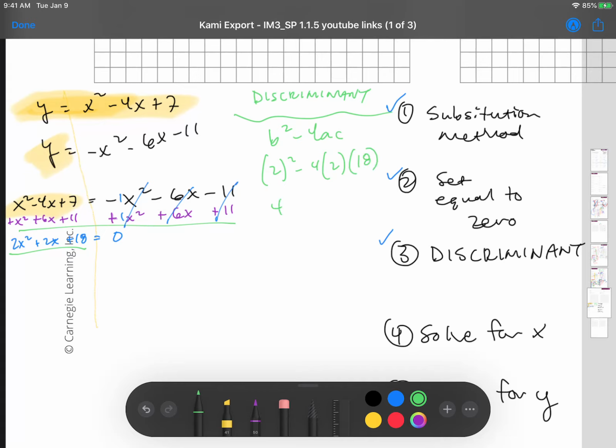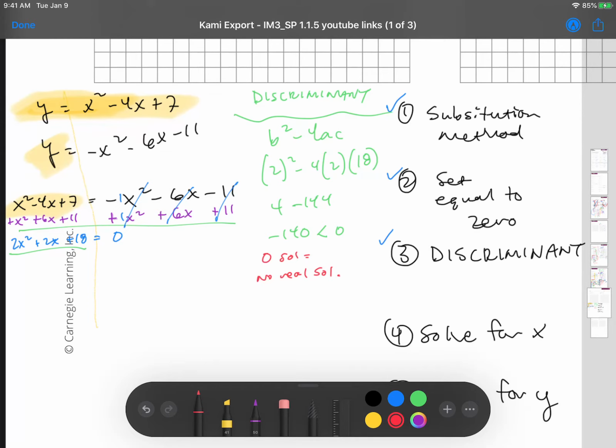So you have 4 and then negative 8, using my calculator, negative 8 times 18 gives me negative 144, and you subtract those, you'll get negative 140. So negative 140 is smaller than 0, which means there are 0 real solutions, or we say no real solutions.